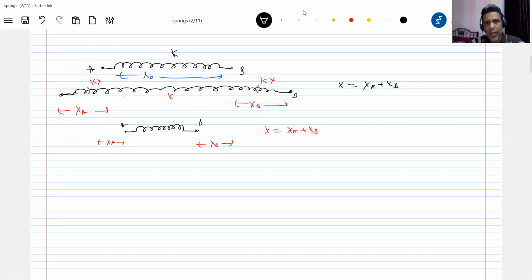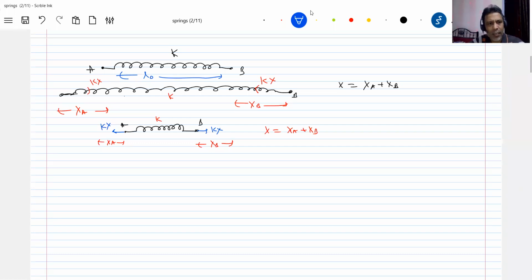Then what about the spring force? The total elongation is X, no? So how is the spring force? Spring force will act away. You can show it anywhere, so let me show it at the ends. Got this? So if both ends are moved opposite, then the elongation or compression will be the sum of the displacement of the ends.